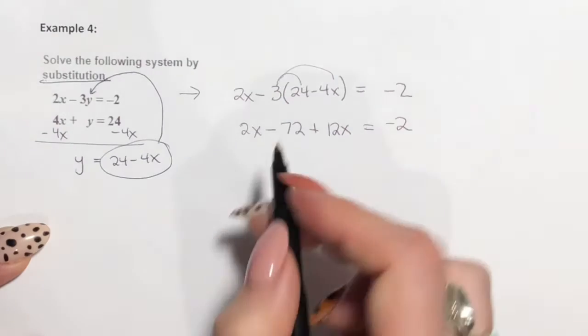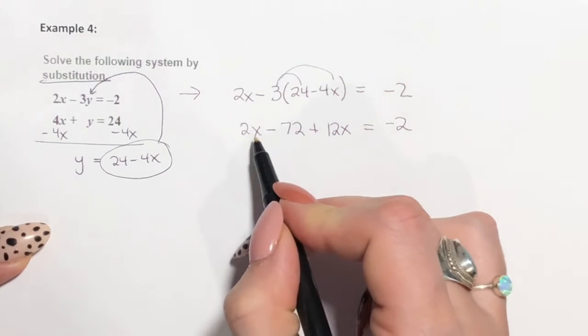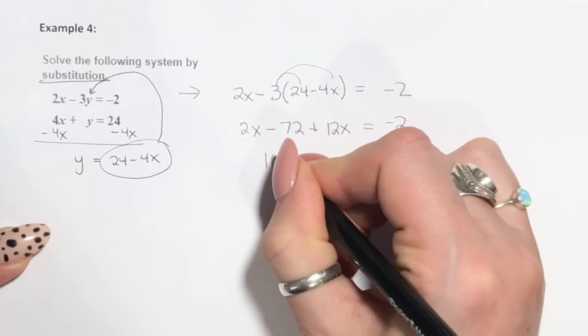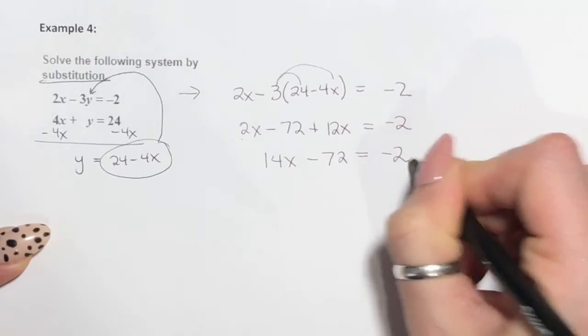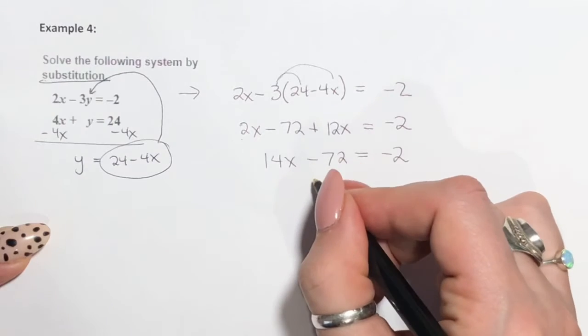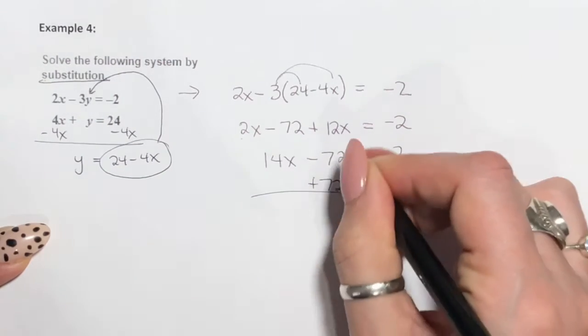And then from here, we just need to start combining our like terms, and we're going to start solving for x. So I have 2x plus 12x. That gives me a total of 14x minus 72 equals -2. But let's start getting that x alone. So let's add 72 over. So those cancel.